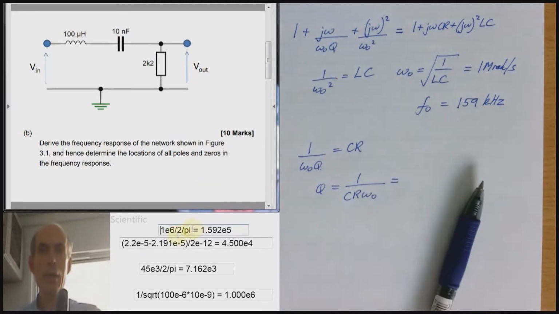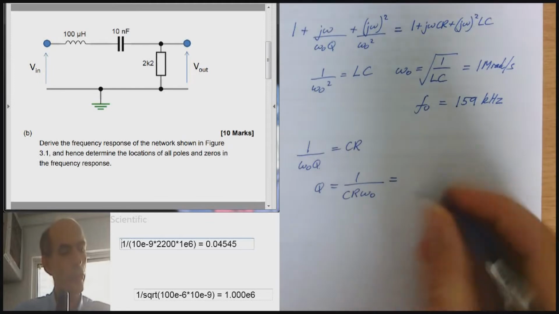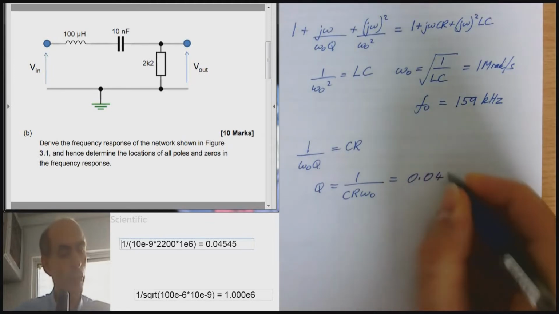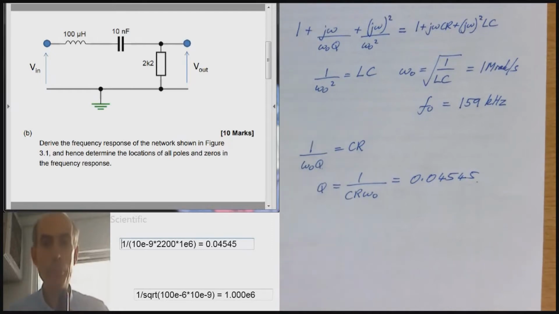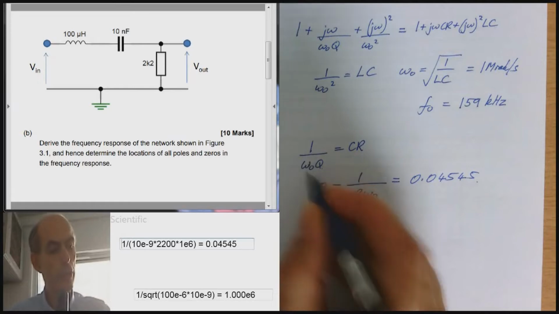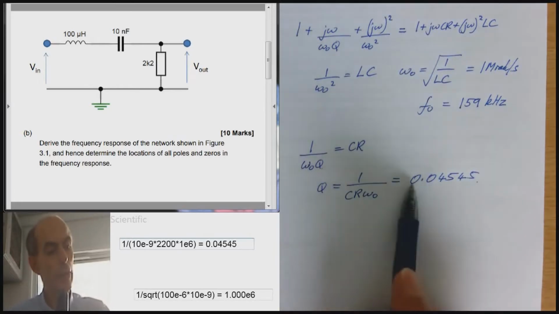Put the numbers into that. 1 over C times R times omega naught gives 0.045.